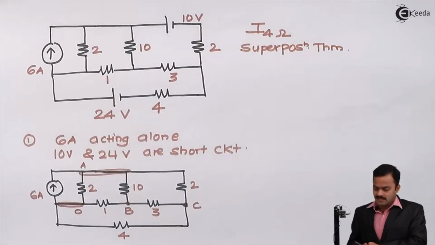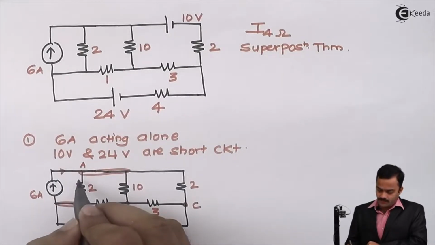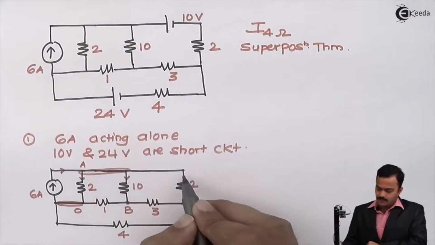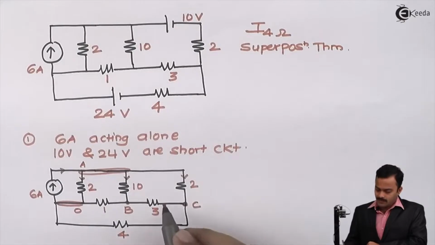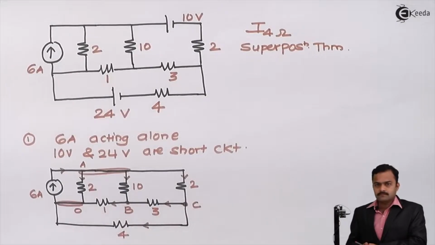Let's mark all branch currents. Current source, so fixed direction, and for rest of the branches I am giving random current directions. Let's solve it by nodal analysis.